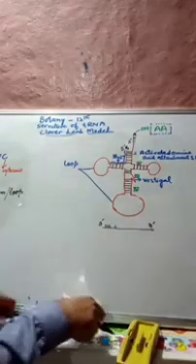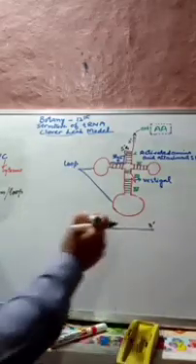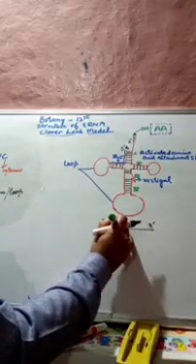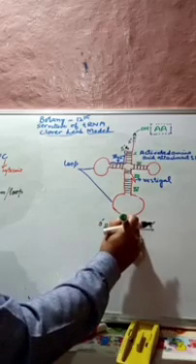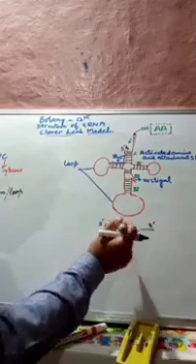I will draw them in another greenish color so that these codons become somewhat clear. These are the triplets, 3 letters. These 3 letters are recognized.